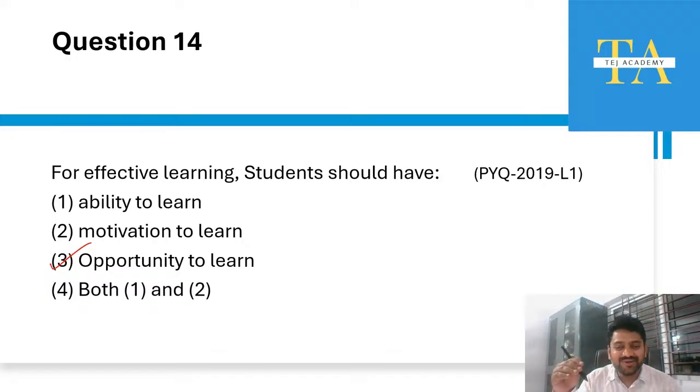Please do read 2-3 times before going to select the answer. See, the ultimate possibility for effective learning is, as a teacher, we should create an opportunity to learn. Then comes the ability, then comes the motivation. The first one is creating an opportunity.